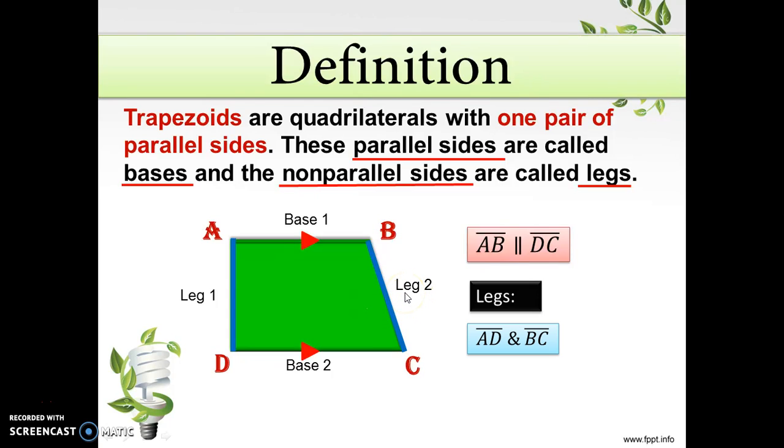So the legs are line segment AD and line segment BC. They are said to be non-parallel because if you extend this infinitely in both directions and also this leg, you see they will meet at a certain point. So therefore, they are not parallel and they are called the legs.